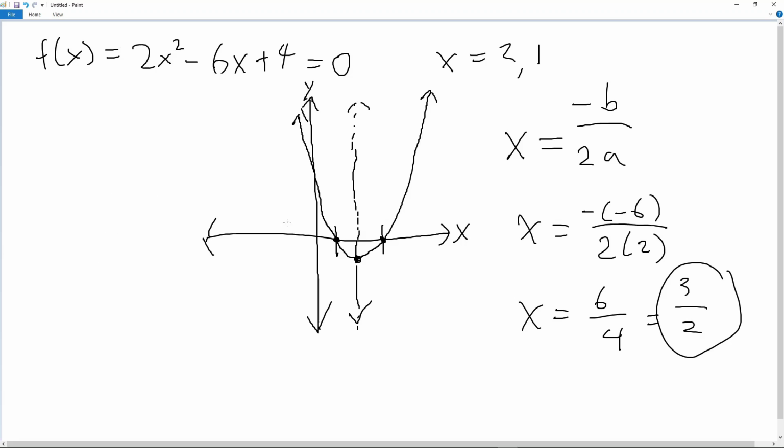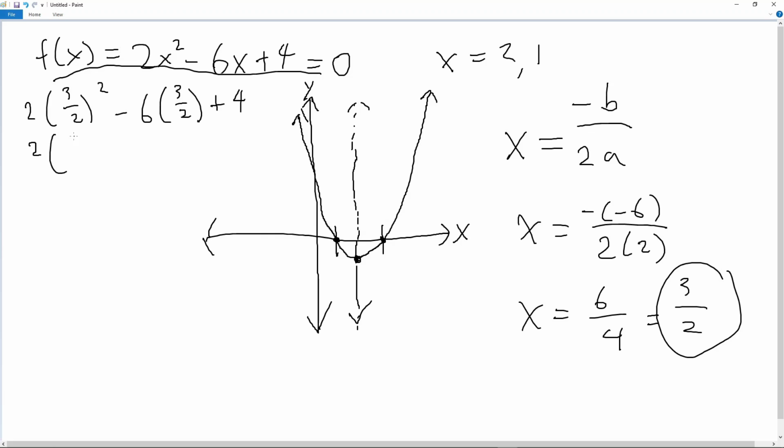To find the point of vertex, which is this point right here, you simply plug the 3 over 2 back into this equation. So it would be 2 times 3 over 2 squared minus 6 times 3 over 2 plus 4. And to solve this, you do 2 times 9 over 4 minus 6 times 3 is 18, 18 divided by 2 is 9, plus 4. 2 times 9 is 18 over 4 minus 9 plus 4.